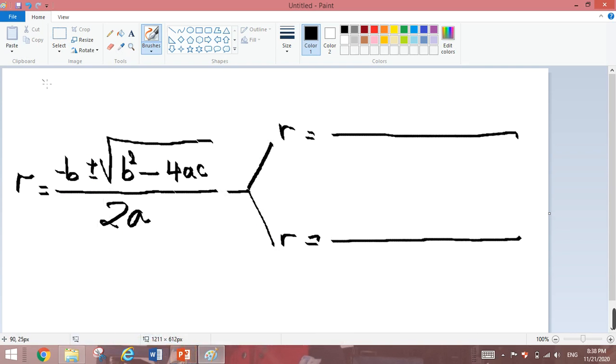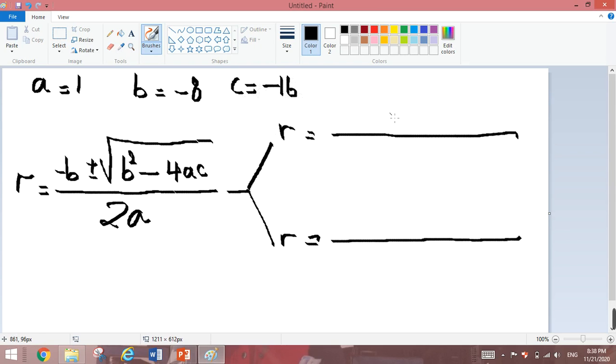So a in our case is equal to 1, b is equal to negative 8, and c at last is equal to negative 16. Let's substitute.